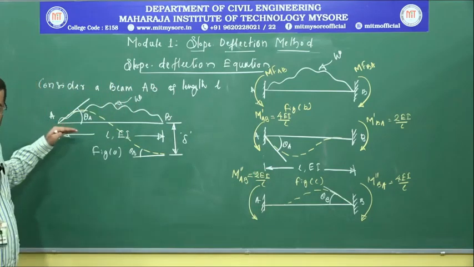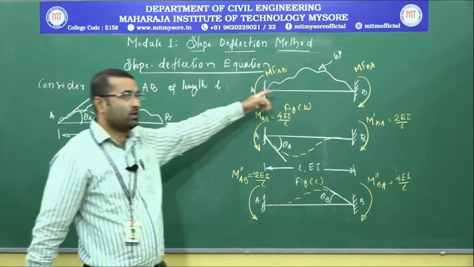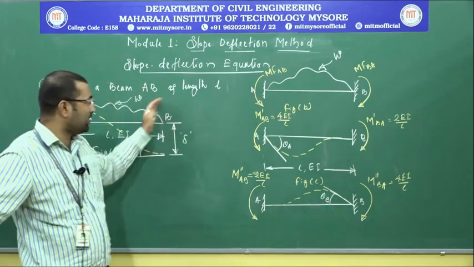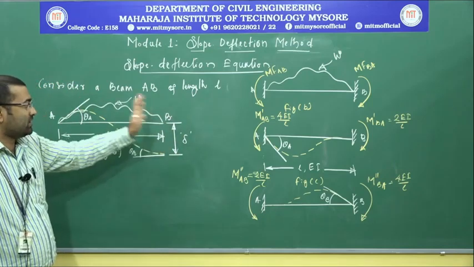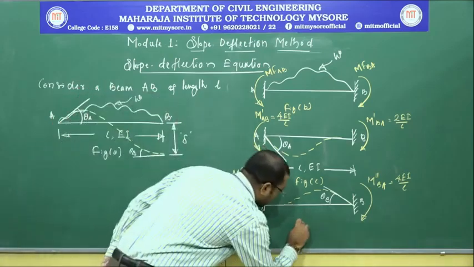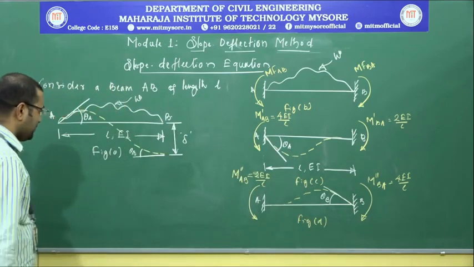See, from the considered beam, what we have done, we have considered three different cases, that is, one is only the external loading, the second one is the rotation at A, and the third one is rotation at B. Now we have to consider the translation displacement, that is sinking. So let me call this as figure D, right?